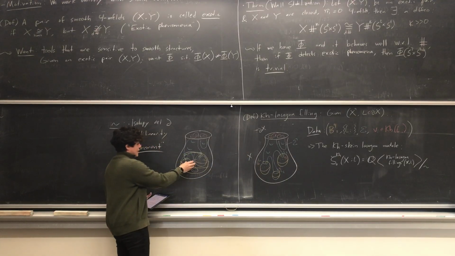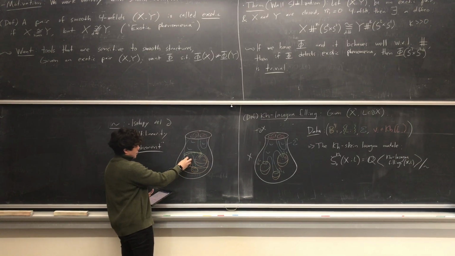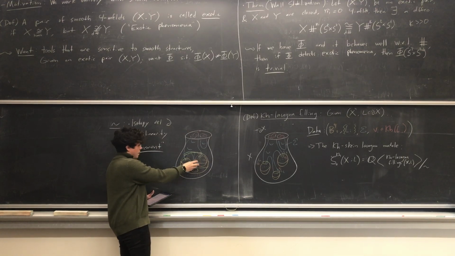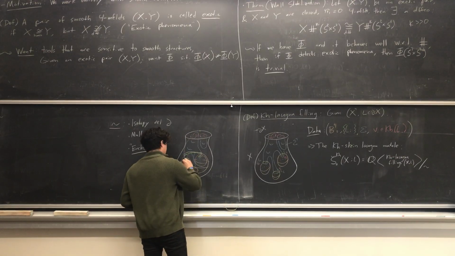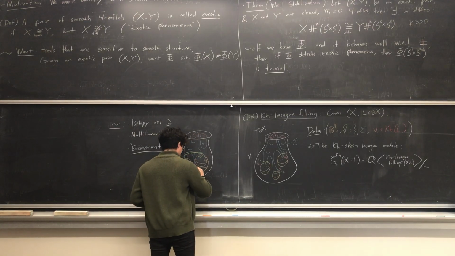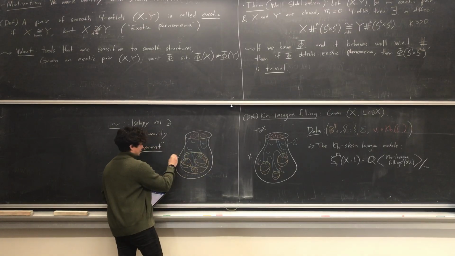Now notice that there is a piece of this blue surface that runs from this collection of input links to the big guy on the boundary. Let's call this sigma prime.